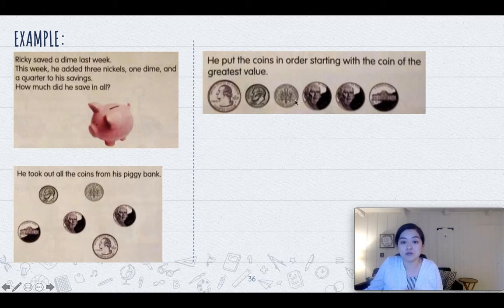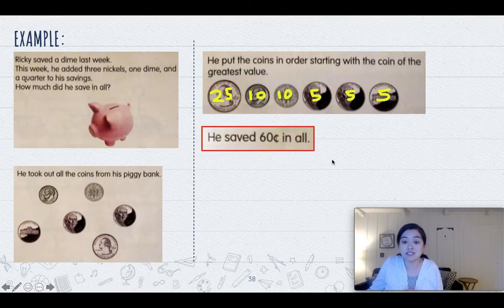Then we have the dimes, then we have the nickels that come last. So here are the values of these coins, and now let's count on from the greatest value. 25, 35, 45, 50, 55, 60. He saved 60 cents in all.